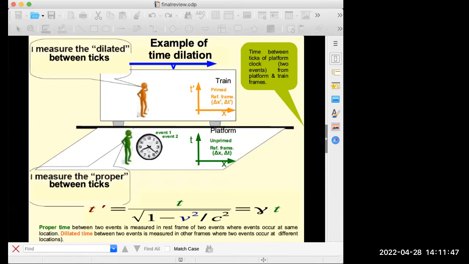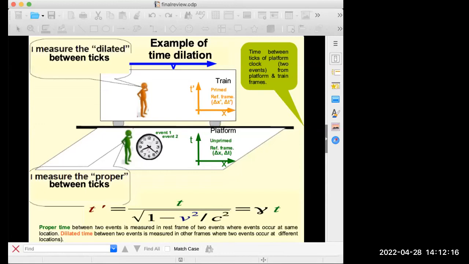The passenger in the train sees the clock as moving. In relativity, they don't both see the clock tick at the same rate. The pedestrian looking at the stationary clock sees what we call the proper time between ticks. The passenger in the train sees what we call the dilated time, a kind of slower time between ticks.